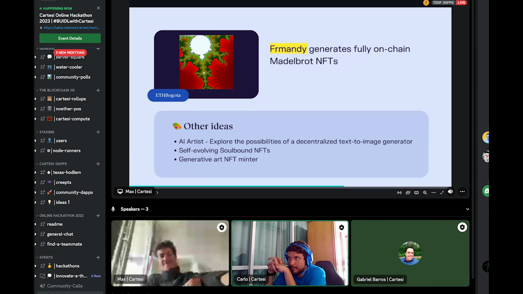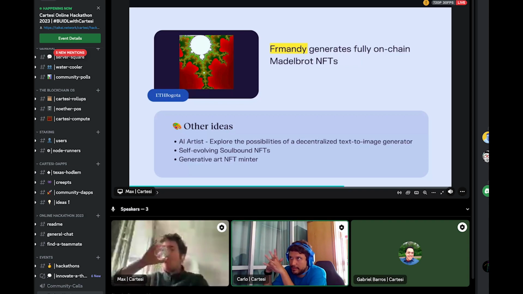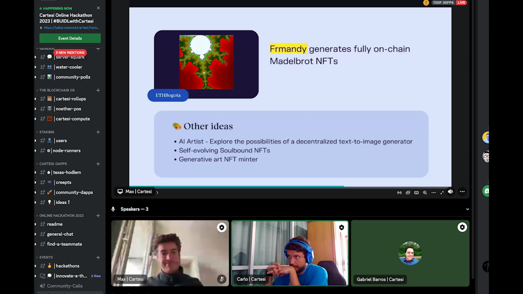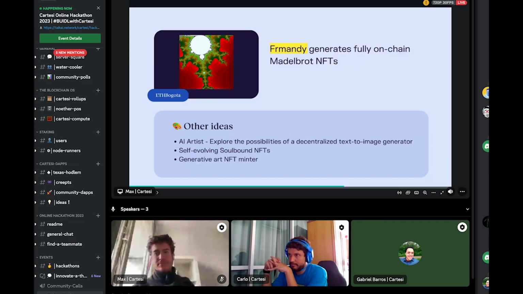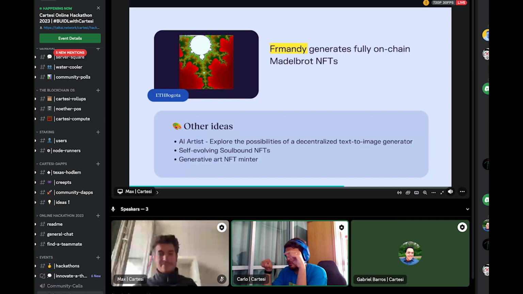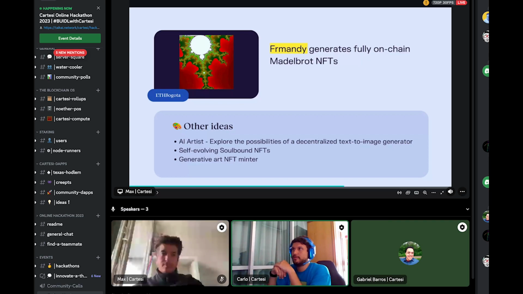Yeah, so this is the hackathon winner from ETH Bogota. It's called Fermendi, which stands for the initials of their teammates. So what it did is there are these Mandelbrot fractals that are really computation intensive. It's an interactive algorithm. You can run as many rounds as you want, and you can go deeper and deeper on generating this fractal.